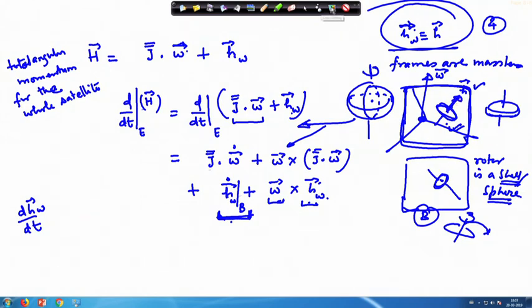Suppose I fix another axis here in this place. So this axis is rotating with respect to this body axis.